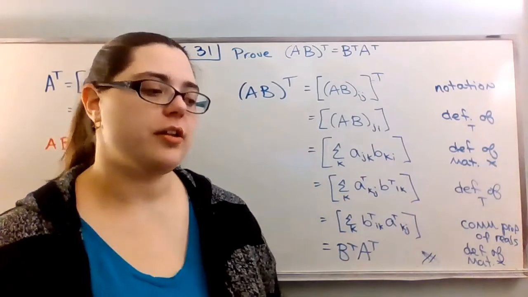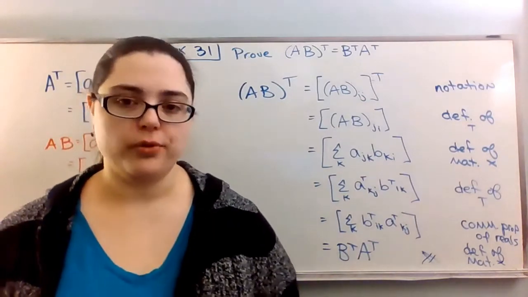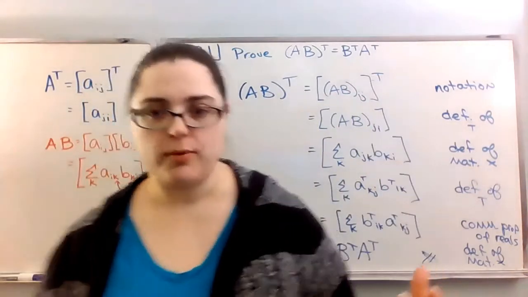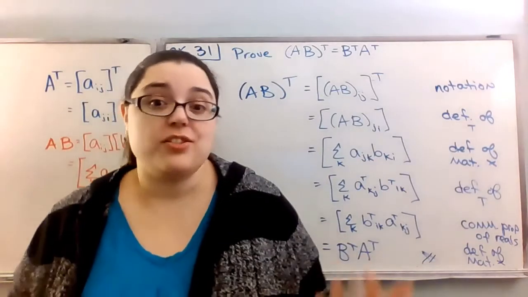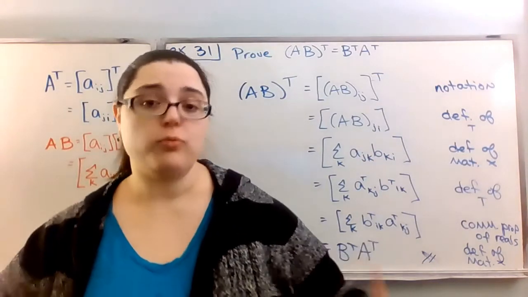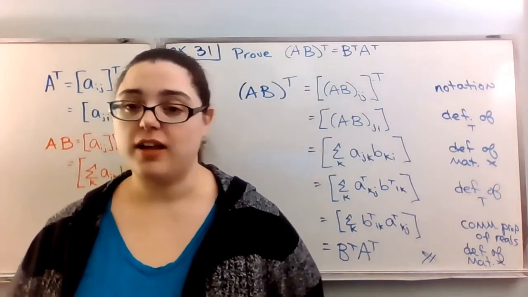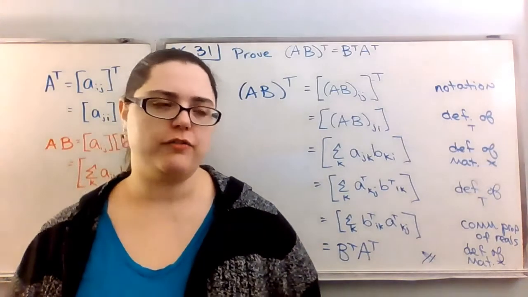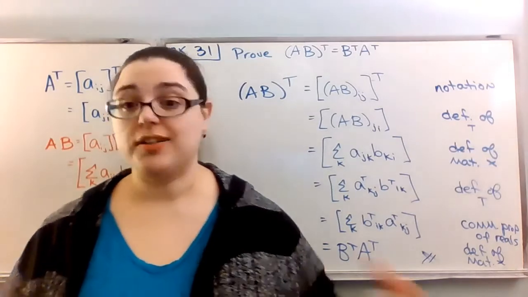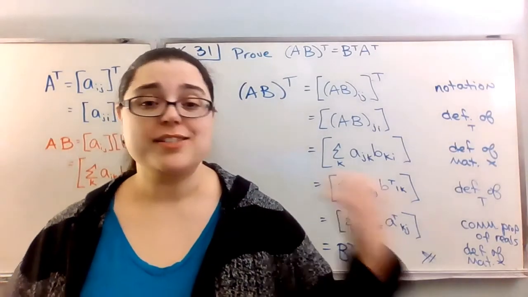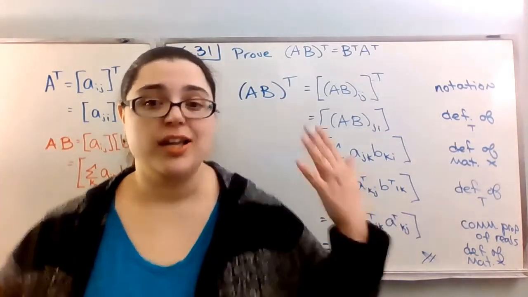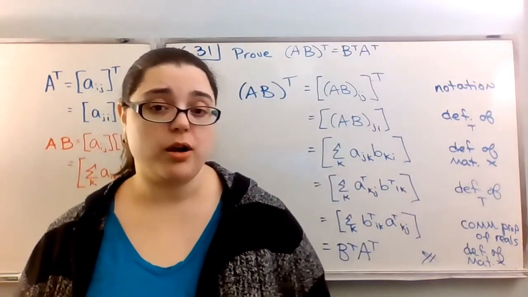Again, if you have trouble doing proofs, they don't magically come to you right away. There's nothing wrong with that. That's the process. That's what writing a proof feels like and is. It takes a lot of experimentation, a lot of back and forth, and a lot of collaboration. So if you get stuck, ask a classmate and say, look, here's what I'm doing. Can you see what I'm doing wrong?